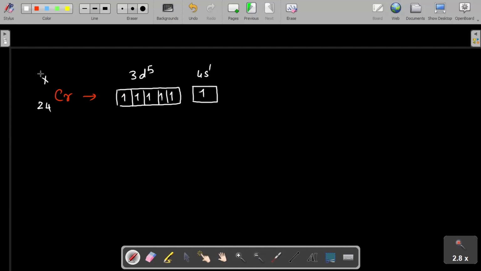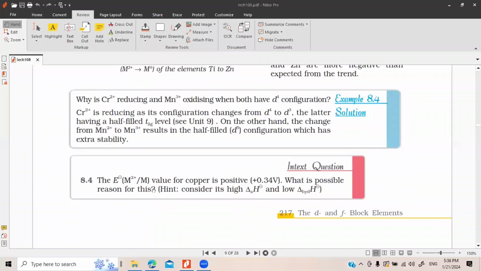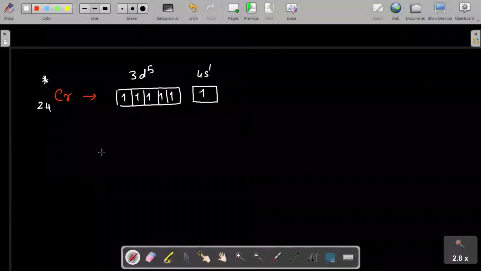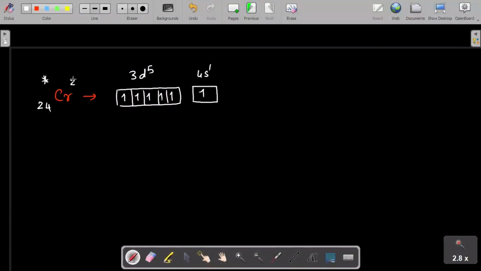This is again an exceptional configuration. We have already studied it. The question says Cr +2, so let us make Cr +2 out of this. How to make Cr +2? We have to take out 2 electrons. Which 2 electrons shall we take out? The first electron will come out from the s orbital, and another from the d orbital.